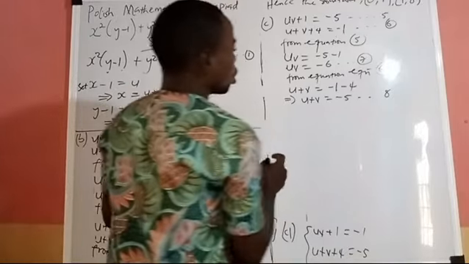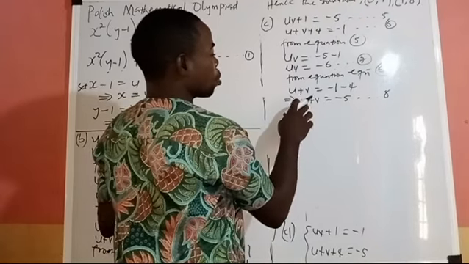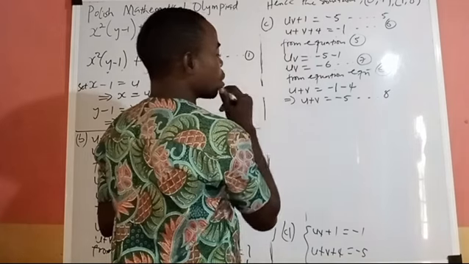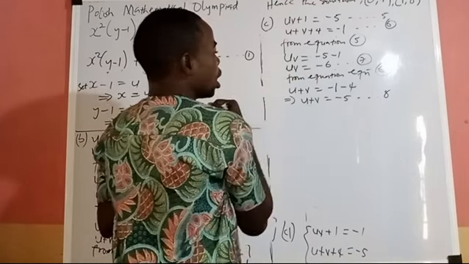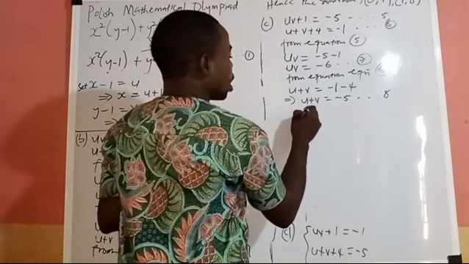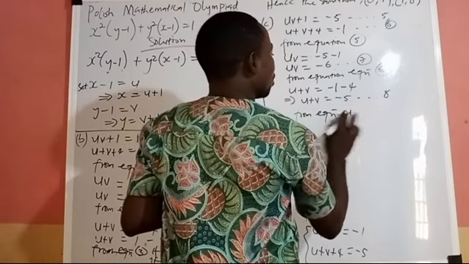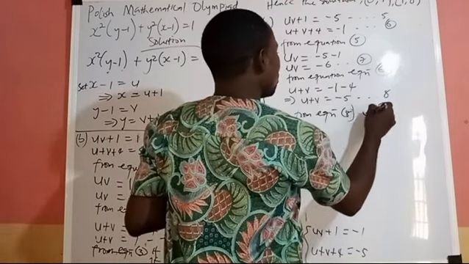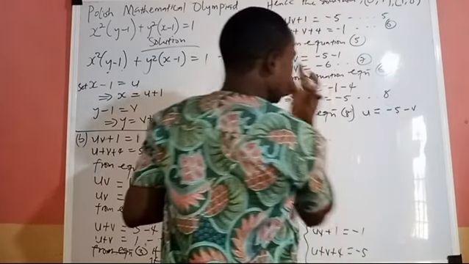Okay, so from equation 8 here, we make u the subject of the formula, and then we substitute it in equation 7 right here, for us to get the value of u. From equation 8, our u will be equal to minus 5 minus v.